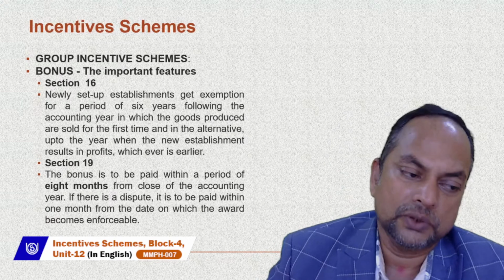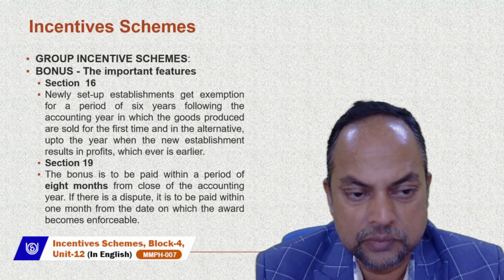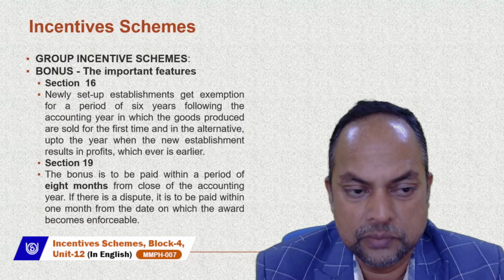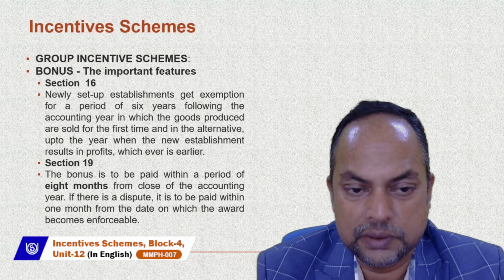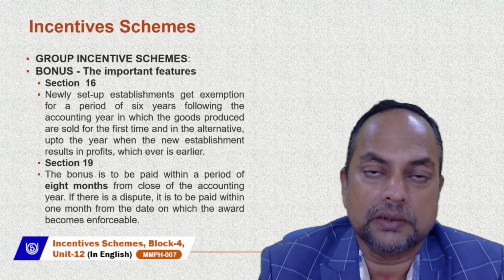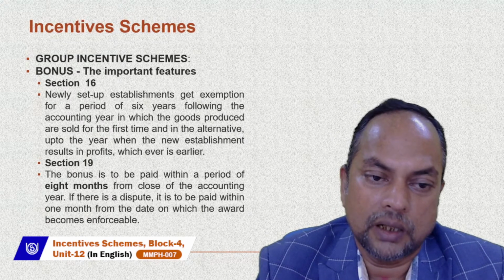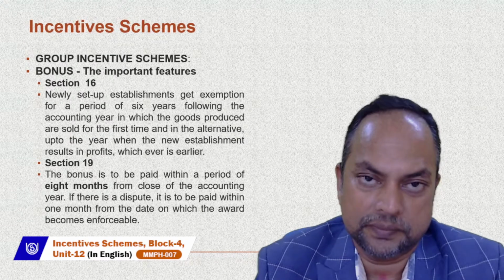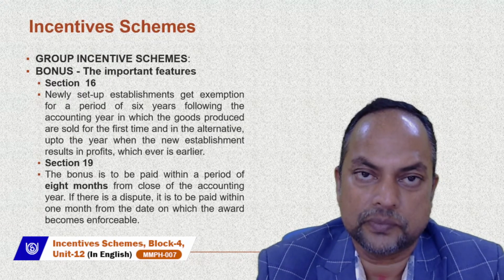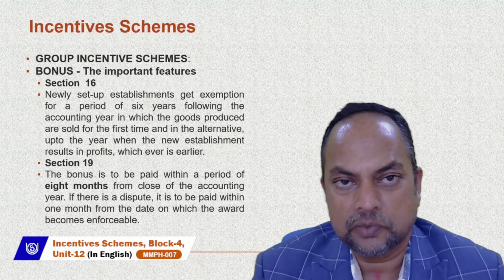And when it comes to distribution of bonus, it says that the distribution of bonus should be done within 8 months from the closure of the financial year, accounting year, right? Because everything has to be calculated on profit.